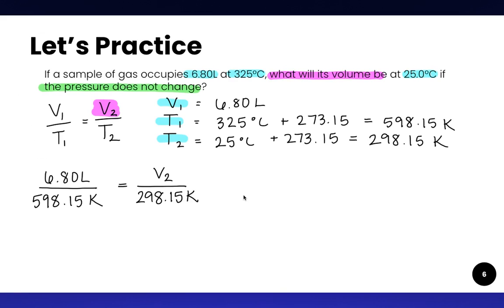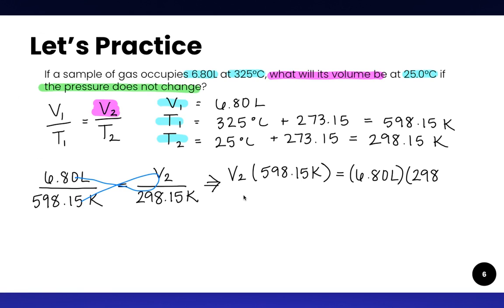Again, I'm going to rewrite this by cross multiplying. To get the final volume by itself, I'll divide both sides of my calculation by 598.15 Kelvin.